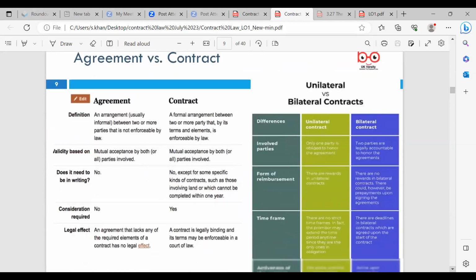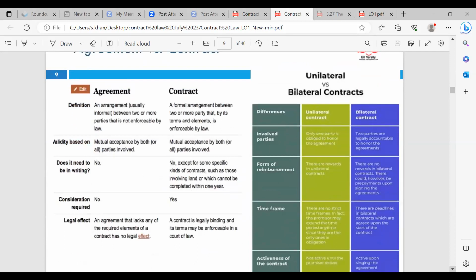Agreement against a contract. So what's the difference between each one? So the first one, an agreement, is an arrangement, usually informal, between two or more parties that is not enforceable by law. Again, when we look at contract, the definition is this formal agreement arrangement between two or more parties, but terms and elements are put into the contract and is enforceable by law.